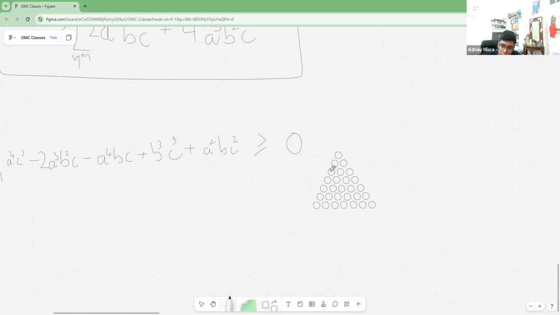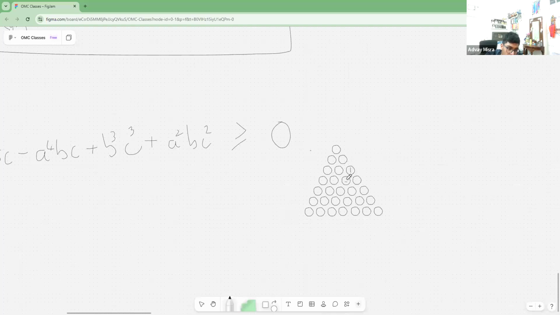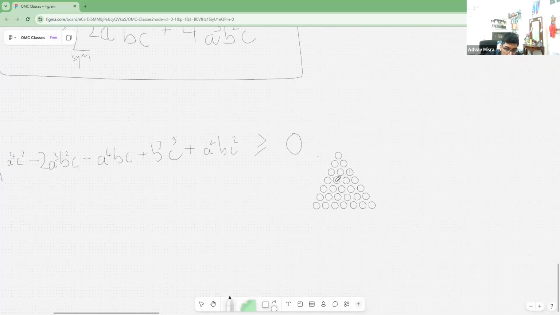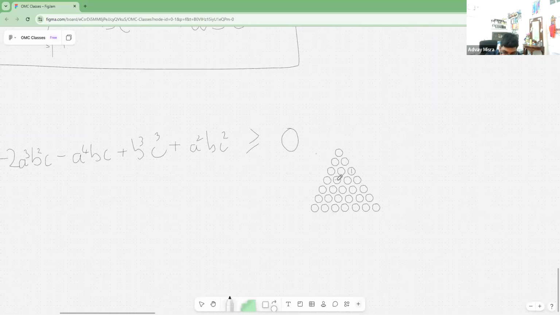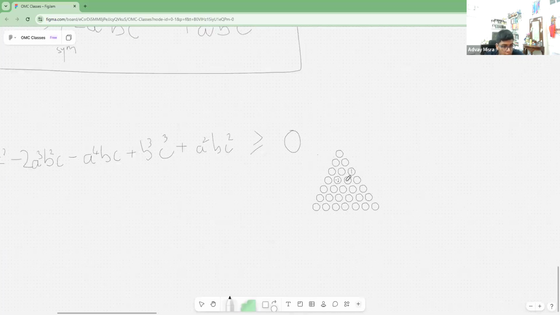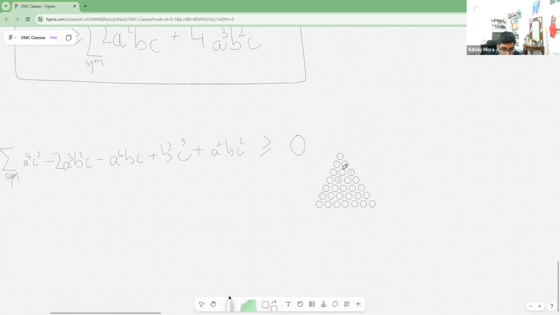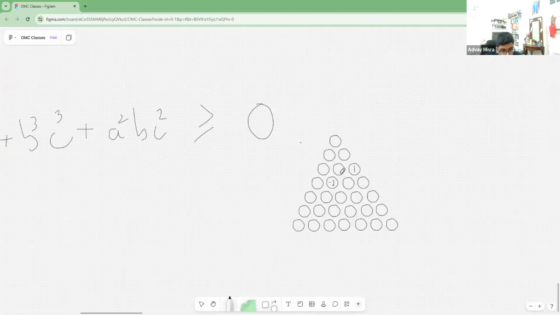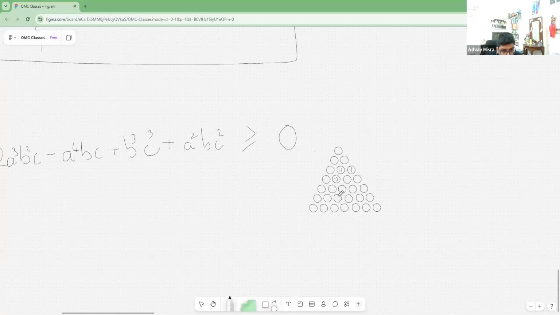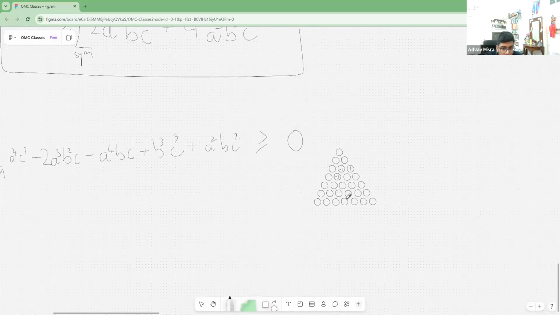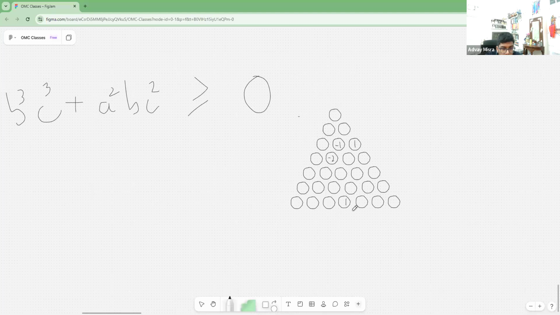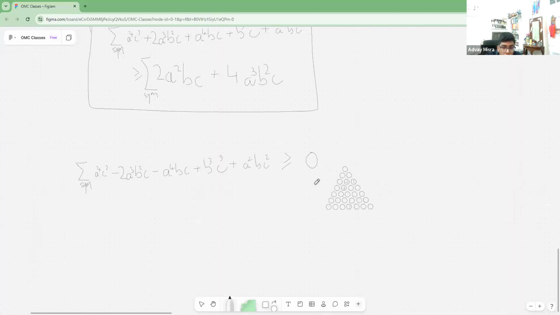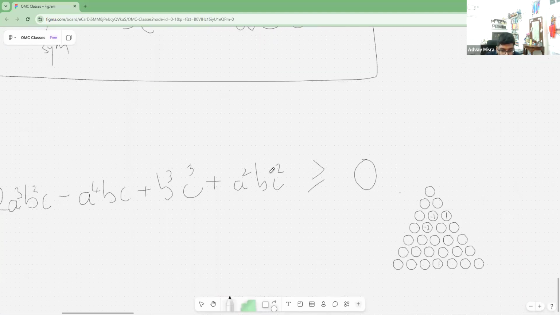So a^4 c^2 will go over here, a^2, minus 2a^3 b^2 c, a^4 bc, plus b^3 c^3, a^2 b^2 c.